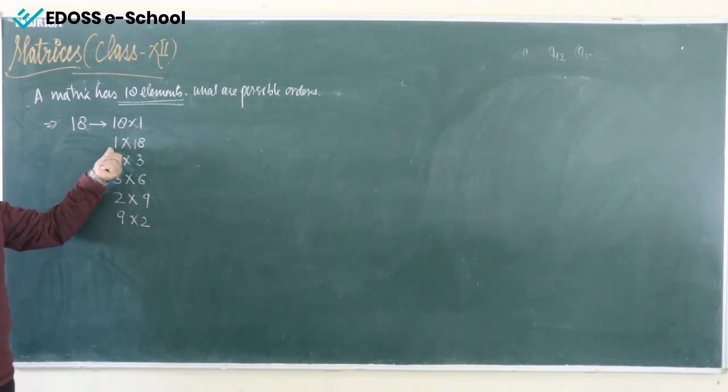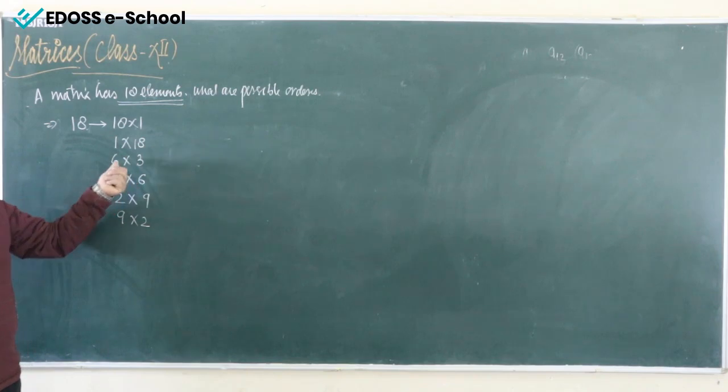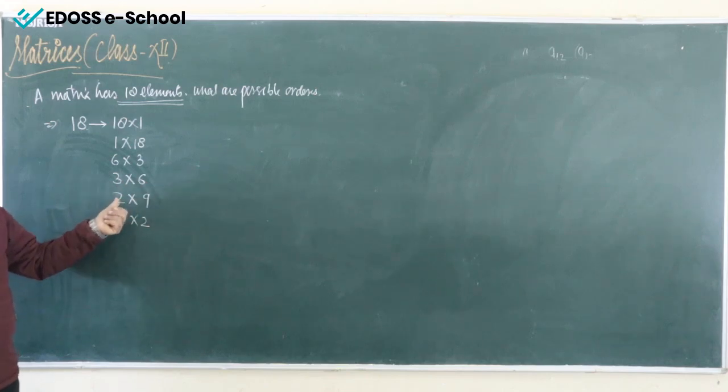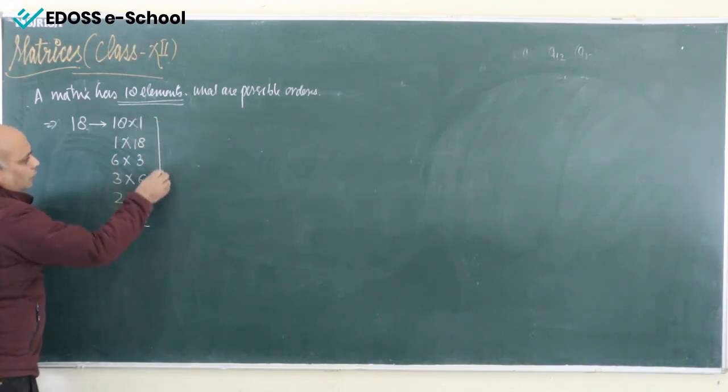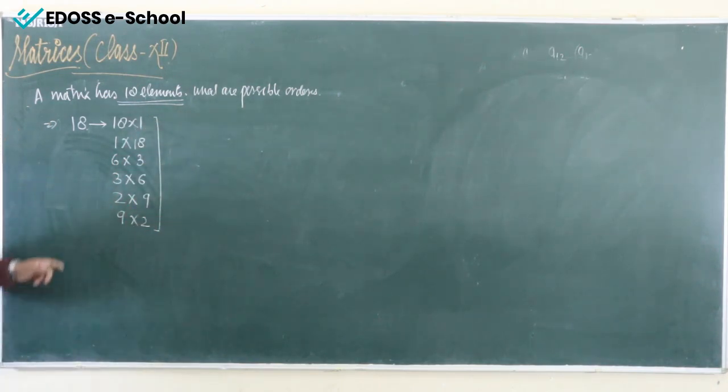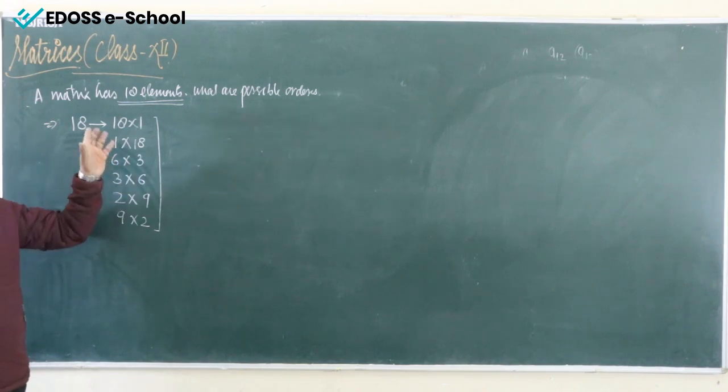In this case, 1 row, 18 columns. In this case, 6 cross 3, 6 rows, 3 columns, and 3 rows, 6 columns, 2 rows, 9 columns and 9 rows, 2 columns. These are the possible orders of a matrix having 18 elements.